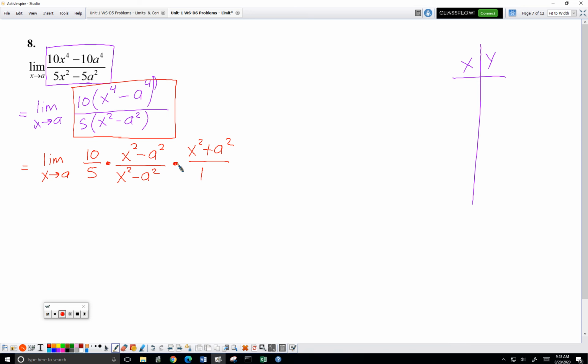Cool. Oh, please, Ainsley. Why is it x squared plus a squared on the right over here? Whenever you're factoring a difference, like two things that are subtracting, you always take the square root of this. So the square root of x to the 4th is x squared, and then it's minus the square root of this, and then just the opposite. Is that okay?